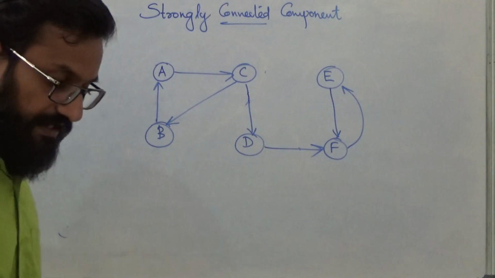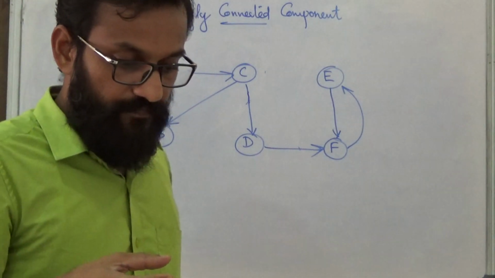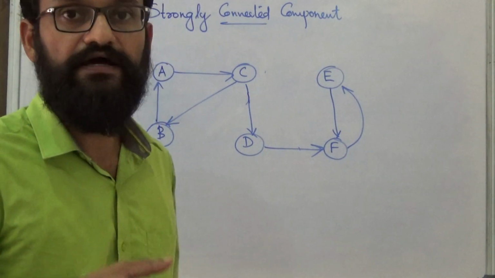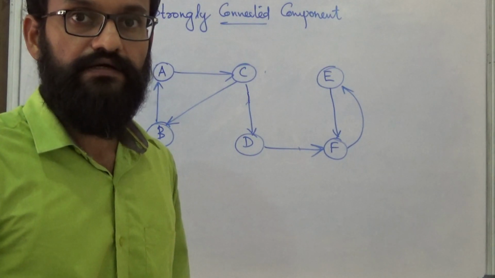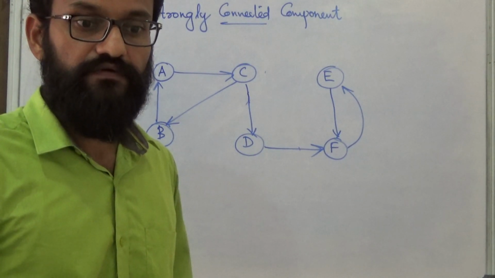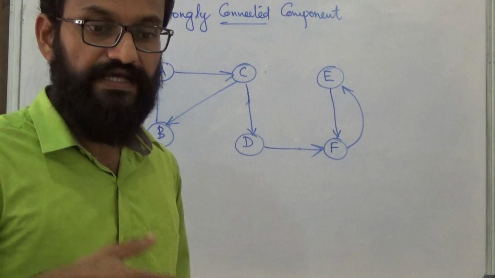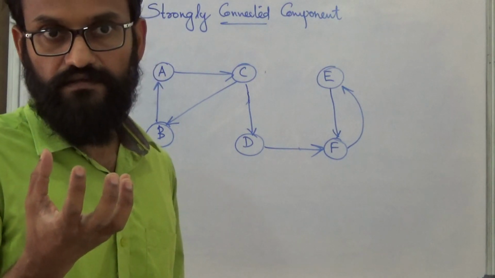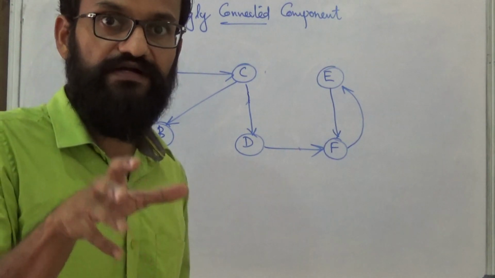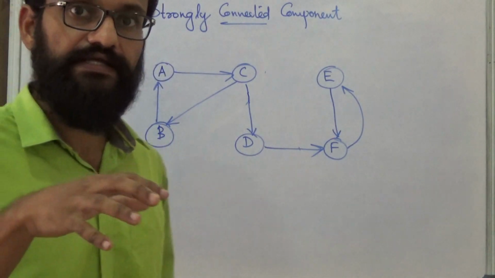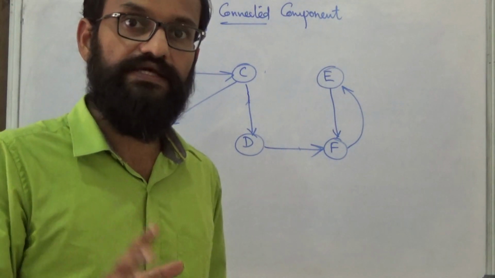Now if I take a directed graph, and there exists a path between every pair of vertices in that directed graph, then that graph is said to be a strongly connected graph.